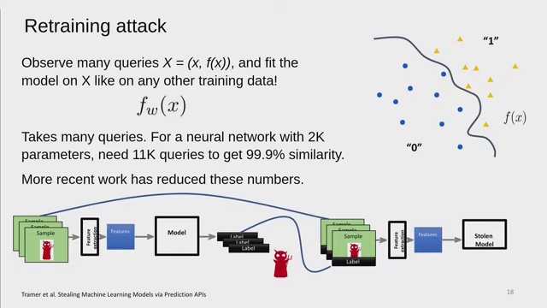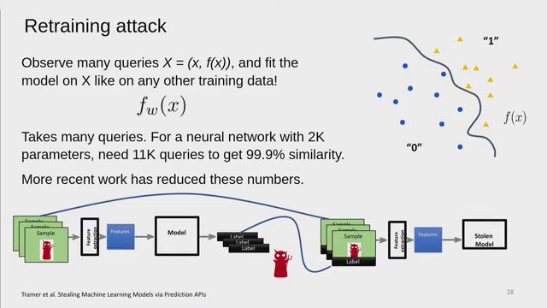Now, unfortunately, this takes quite a bit of queries. For a neural network with 2,000 parameters, in this example, we need around 11,000 queries to get 99.9% similarity. Now, you can, of course, optimize this, similar to coverage. You can use feedback. You can bias the creation of the random queries to reduce these numbers a bit.